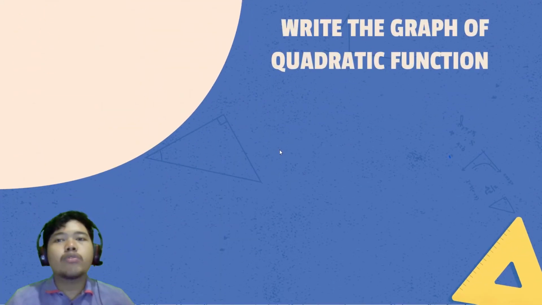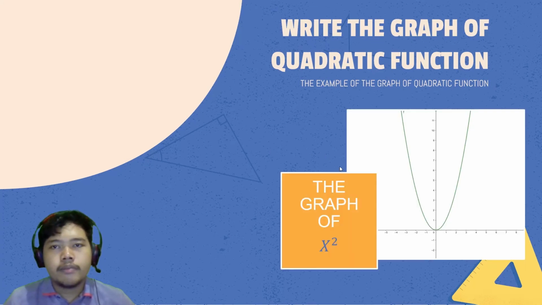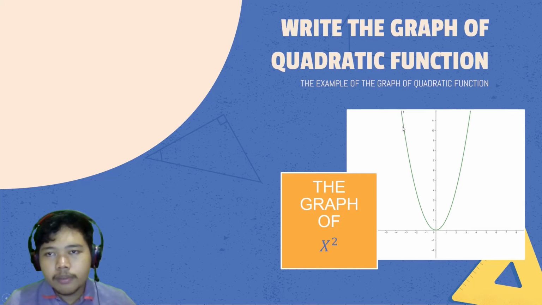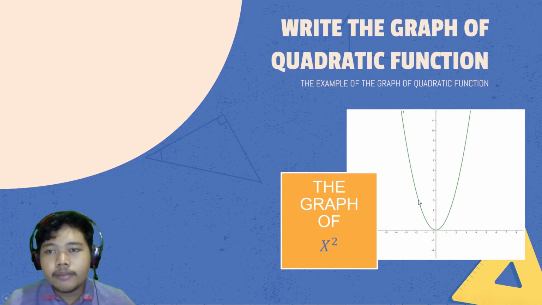Okay, next, we will talk about how to draw the graph of a quadratic function. Before we talk about how to graph it, I will give you some examples of quadratic functions. So here is the graph of x squared. Now you look at this. Yeah, this is like the letter U, right?